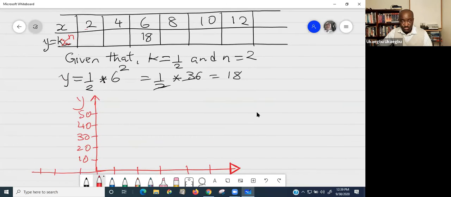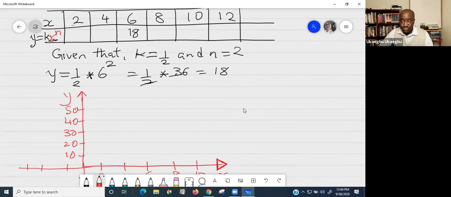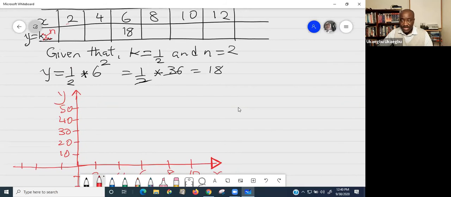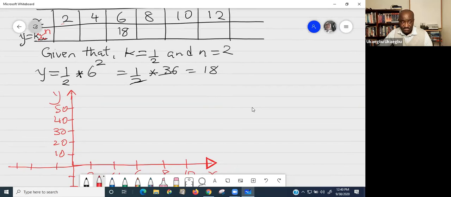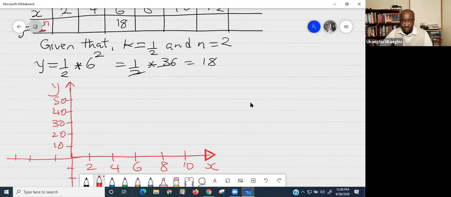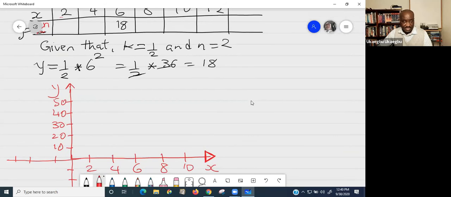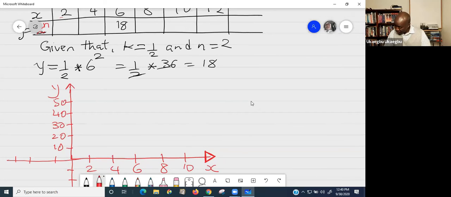Once you plot your graph, the graph will show you whether it is a straight line or whether it's a curve. If it is a straight line, is it a direct variation or an inverse variation? That's what the graph is supposed to tell you. So in this case, when x is 6, y is 18. When x is 6, 6 is somewhere here, y is 18.